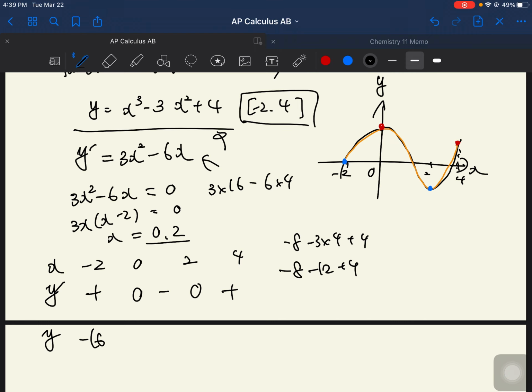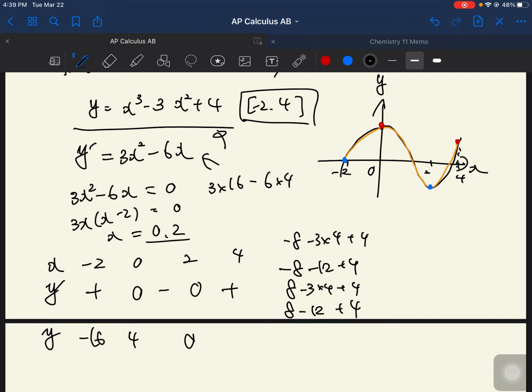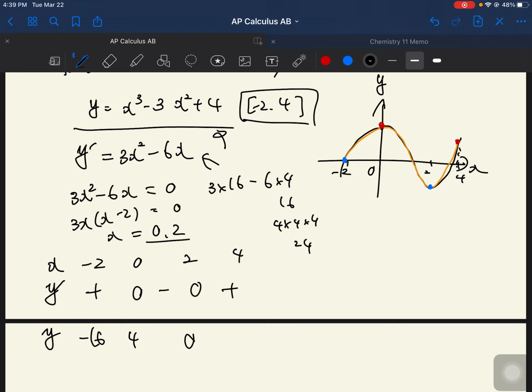And when x equals 0, the y value is 4. When x equals 2, the y value is 8, -3 times 4 plus 4, 8 - 12 + 4, which is 0, sorry. And when x equals 4, it's a little bit annoying to calculate, but 4 times 4 times 4, 64, -48 plus 4, which is 20.